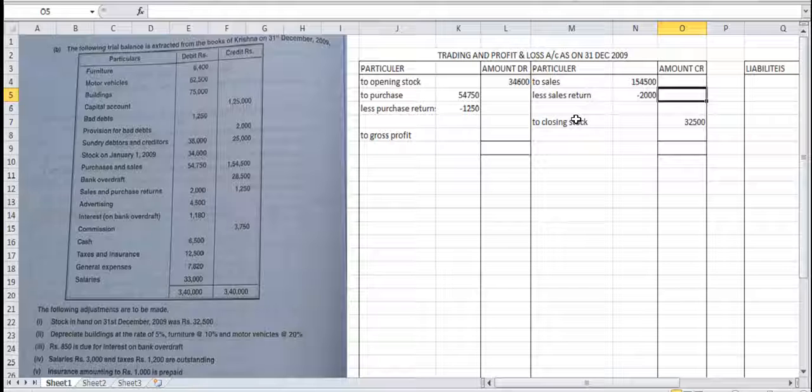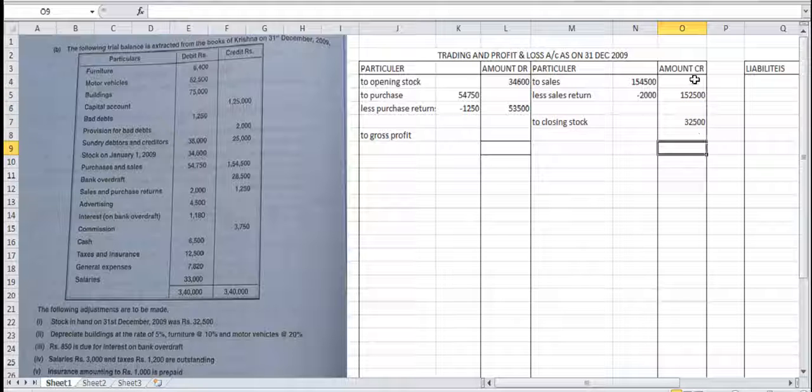Now tally this one. After 1,54,500 minus 2,000, 1,52,500. Here 250 minus, if we deduct 250, 500 will get 54, 1 we have deducted, 53,500. Okay, now which amount is bigger, this one. Add this one.